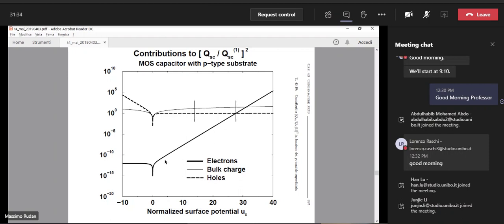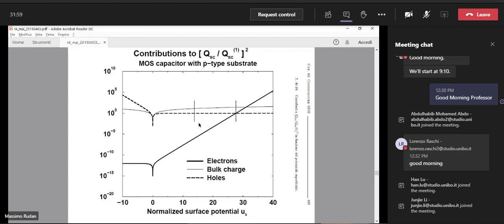But in any case, the contribution of the electrons is still smaller than that of the holes, that is the dashed line, okay? And of that of the bulk charge associated to the dopant concentration.